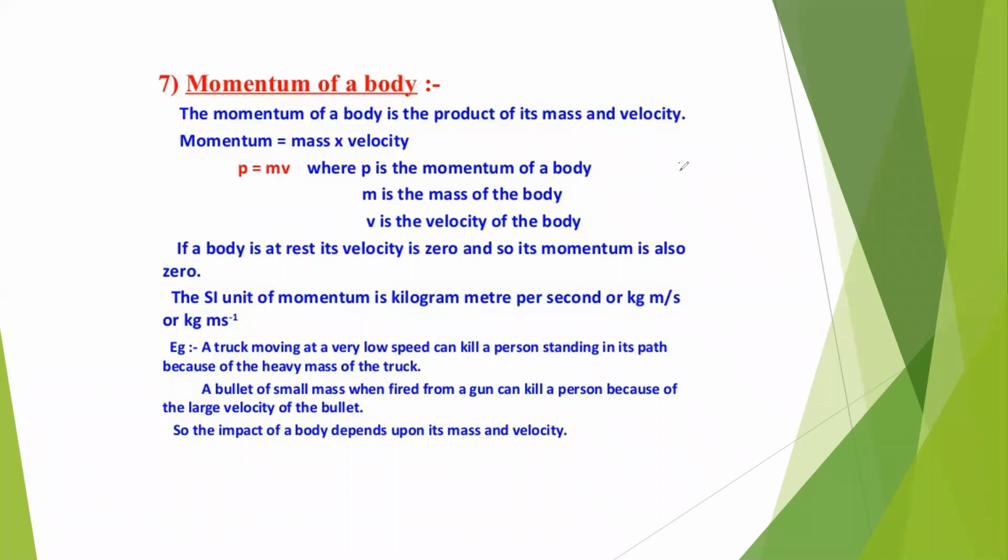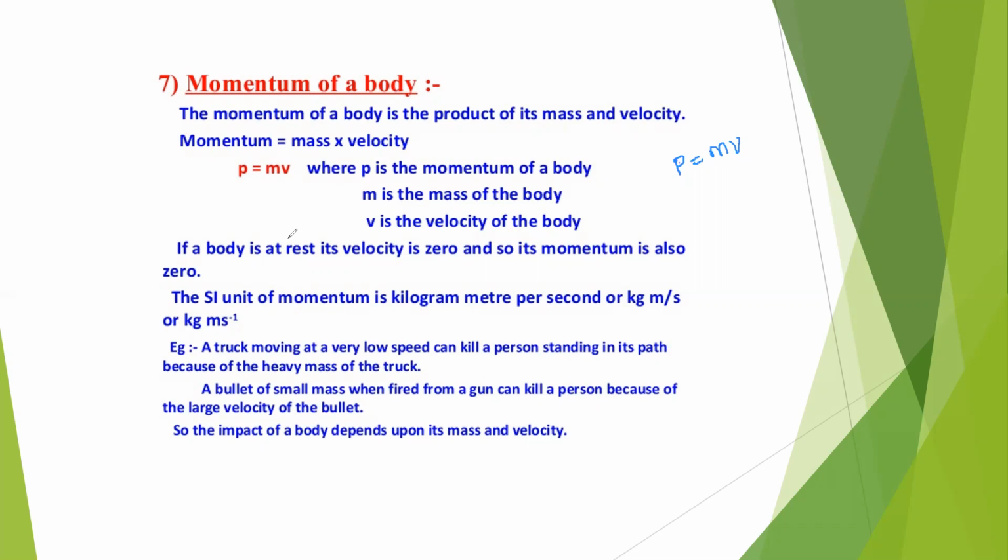Force is denoted by F, acceleration is denoted by A, velocity is denoted by V. Similarly, the momentum is denoted by the letter P. Mathematically, we can define the momentum of a body as the product of mass and velocity of the body.